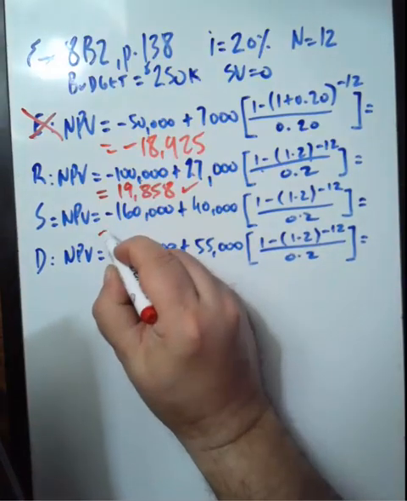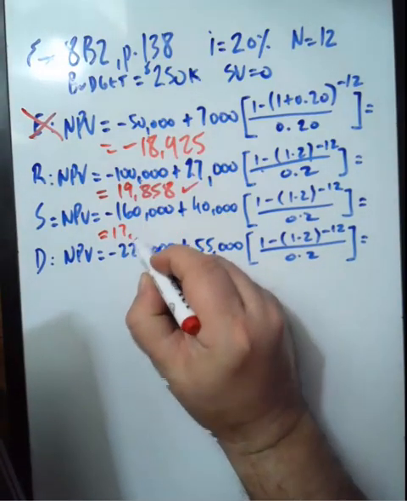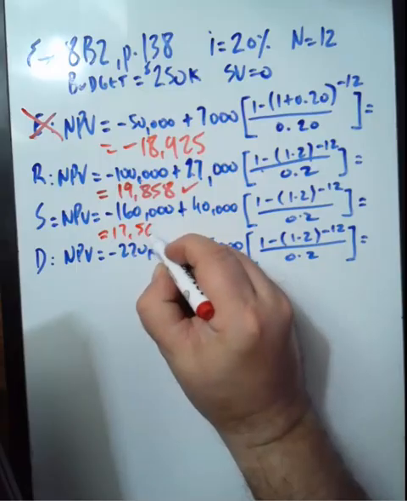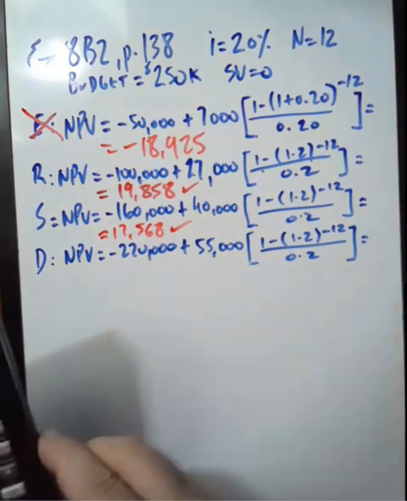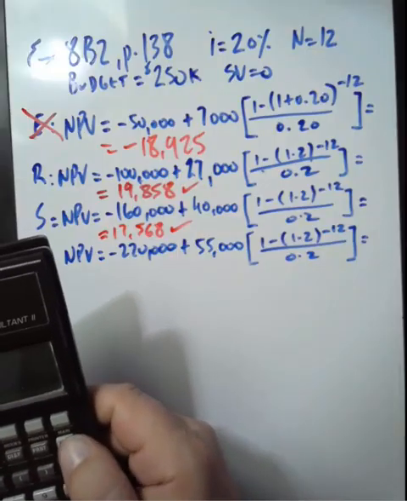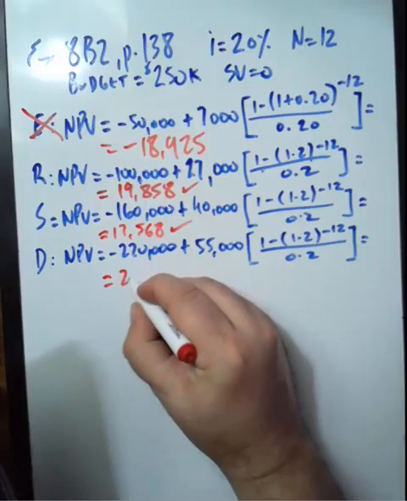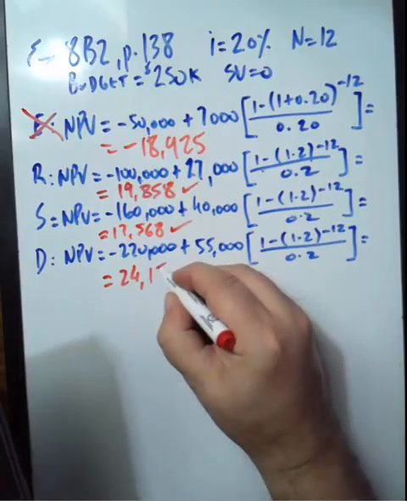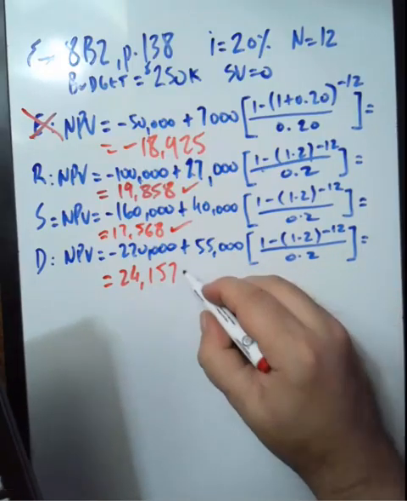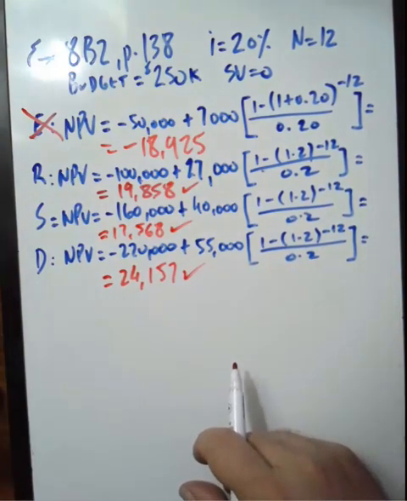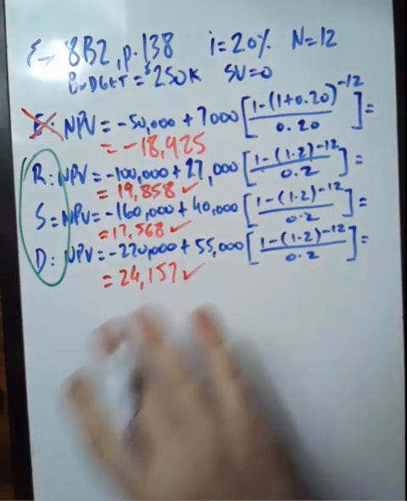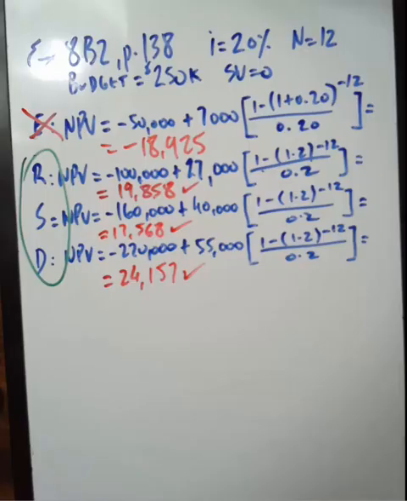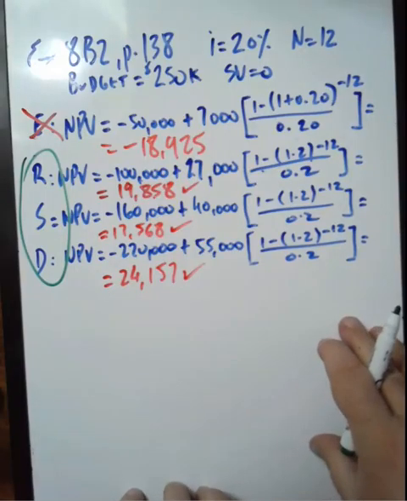The super gives a net present value of positive $17,568, so that's okay. And now the deluxe. The deluxe gives 24,957, let's say, rounded, so that's okay too. Meaning we are left with 3 economically viable options, and that's where we're going to implement our defender-challenger approach.